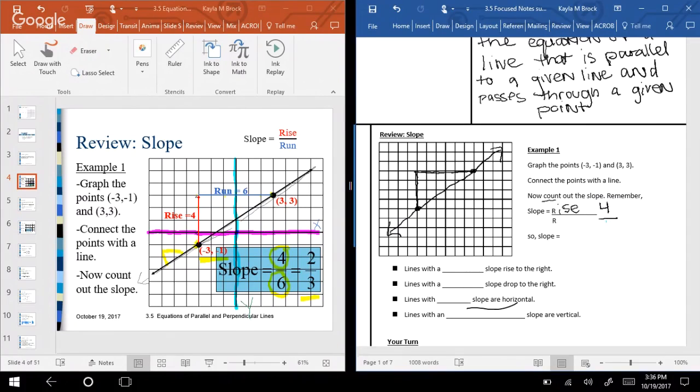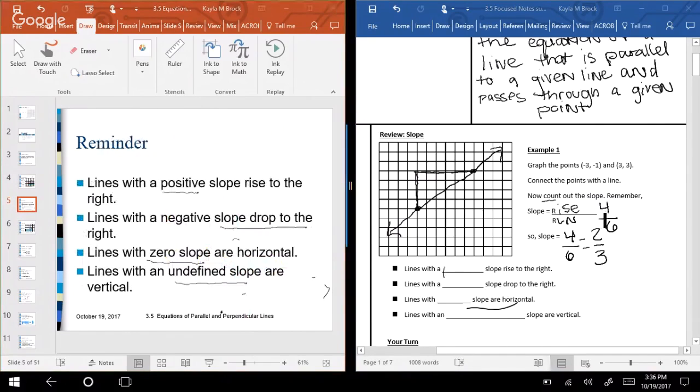And then from here, we want to count how many spaces we run. 1, 2, 3, 4, 5, 6. So therefore, my slope is rise over run, and it will be 4 over 6, which can also be simplified to 2 over 3.